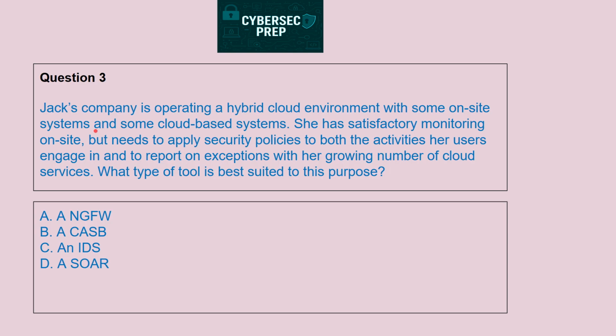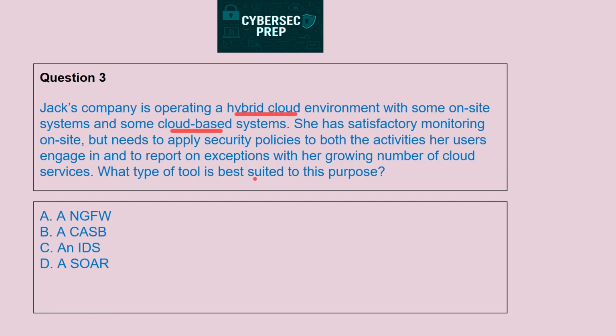Question number 3. Jack's company is operating a hybrid cloud environment with some on-site systems and some cloud-based systems. Hybrid and cloud-based system, these are the key terms. She has satisfactory monitoring on site but needs to apply security policies to the activities her users engage in and to report on exceptions with her growing number of cloud services.